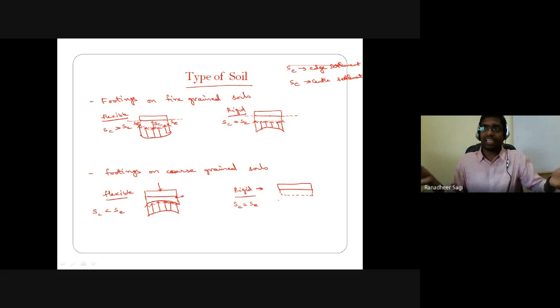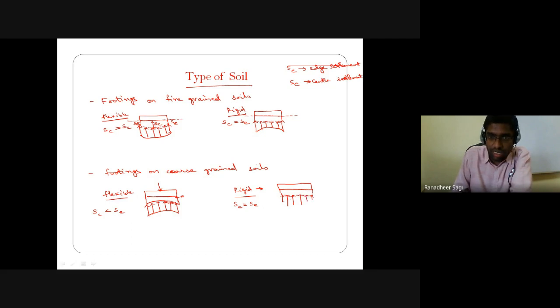So at the edges, as the soil grains are easily getting sheared off, the amount of contact pressure developed at the edge is going to be less when compared to what you have at your center. At the center you'll have it maximum, and at the edge the contact pressure value is going to be minimum.